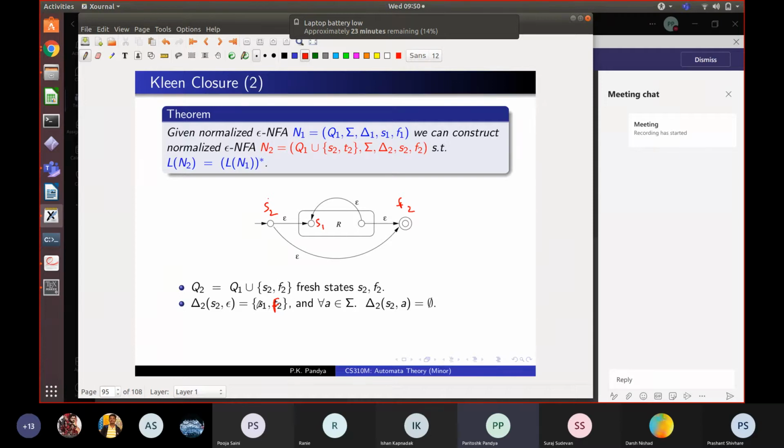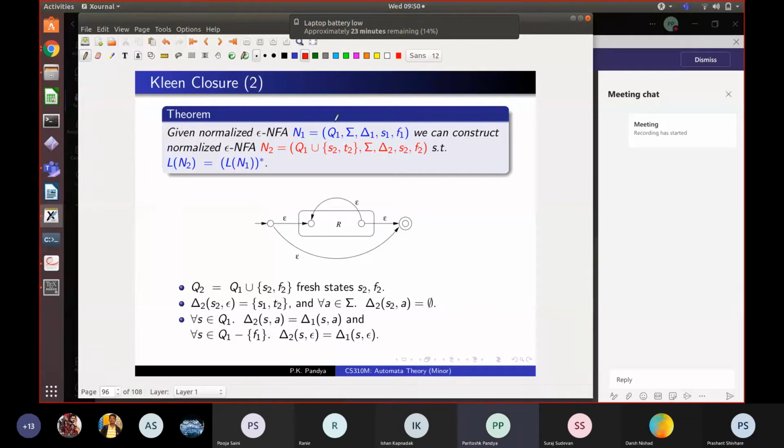Agreed? So S2 on epsilon goes to S1 and F2 non-deterministically on silent transitions. On the other hand, on any other letter A which is in the alphabet other than epsilon, you don't go anywhere. So you get the empty set. This is what describes the behavior of the new automaton from state S2.